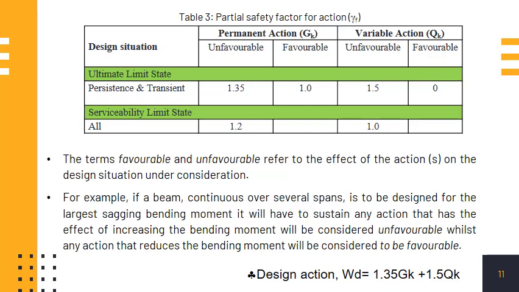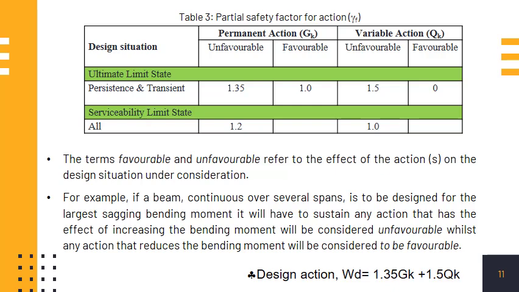That will consider as unfavorable. In contrast, any action that have reduced bending moment, we consider as a favorable. Normally in design, we use term unfavorable, which give the worst condition.